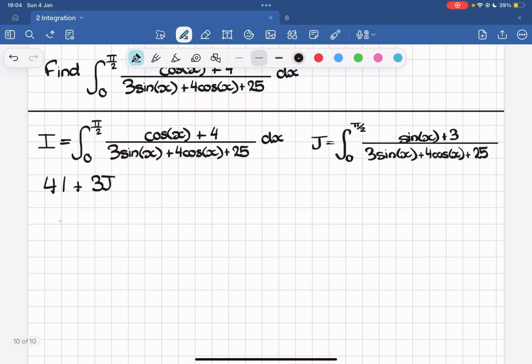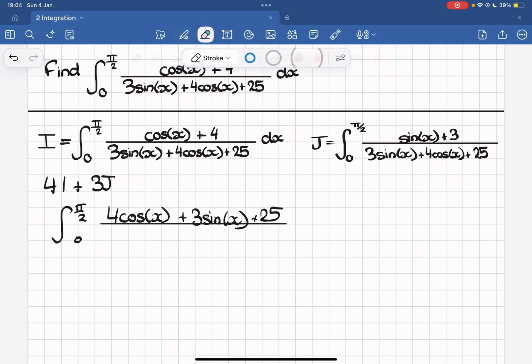Now, let's go ahead and combine. So put pi over 2, 0, 4 cos x plus 3 sin x, and our constants, so 4 times 4 is 16, 3 times 3 is 9, 16 plus 9, 25. Perfect.